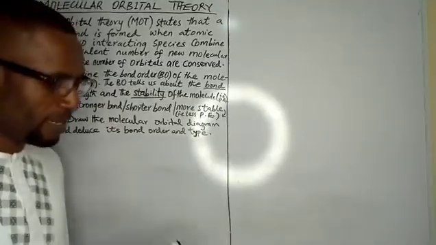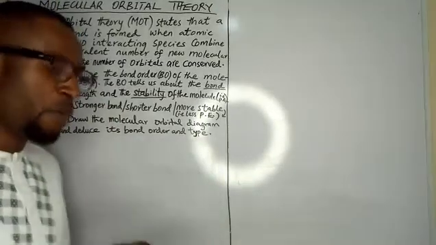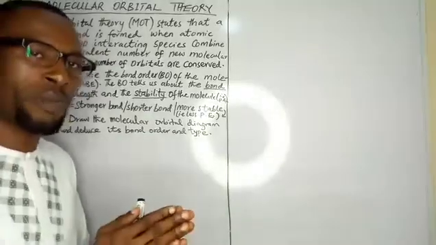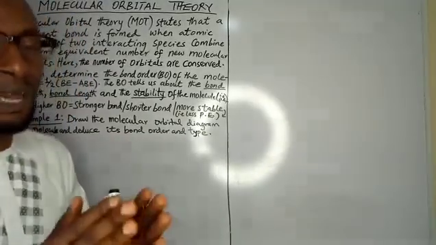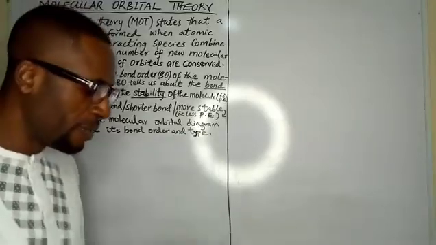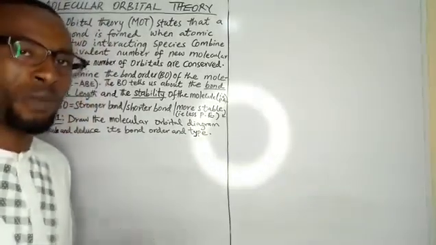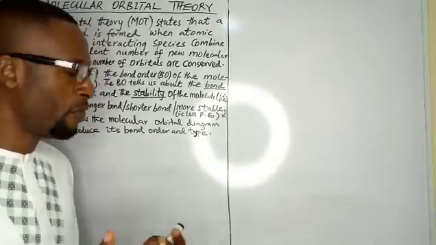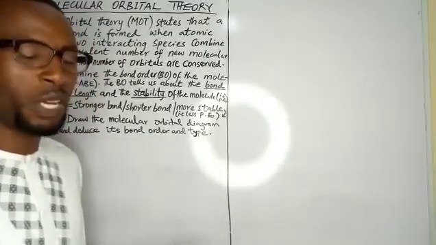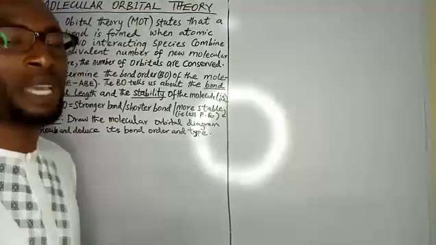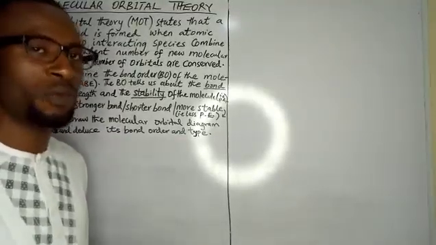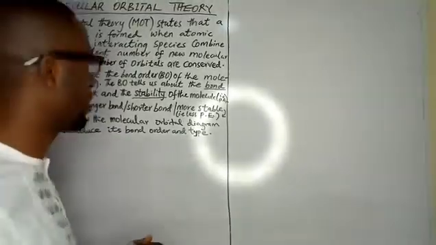What we mean simply is that the number of atomic orbitals that combine will equal the total number of molecular orbitals that are made. In essence, if two atomic orbitals combine or overlap, whichever word you want to use, you are going to ultimately have two molecular orbitals formed in the process.